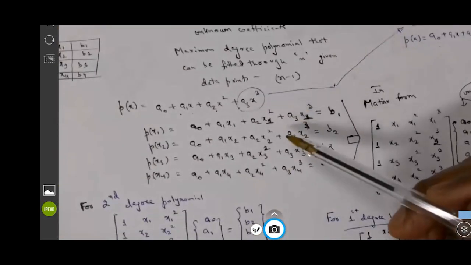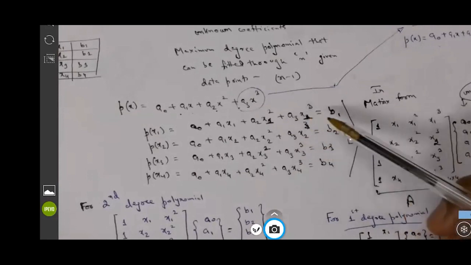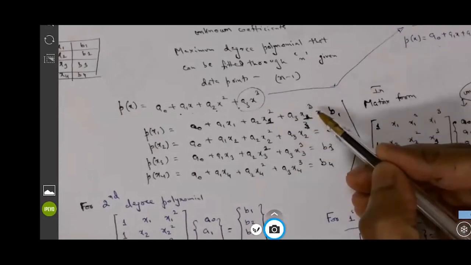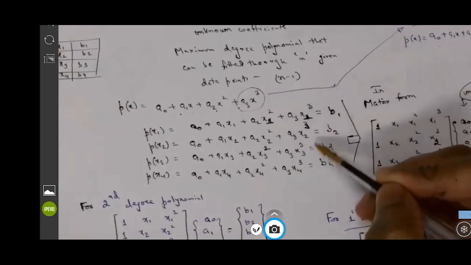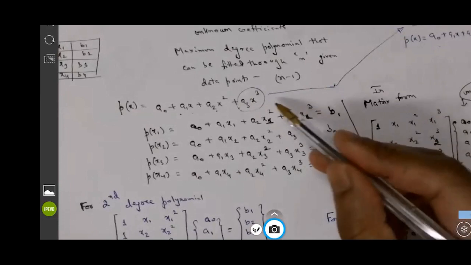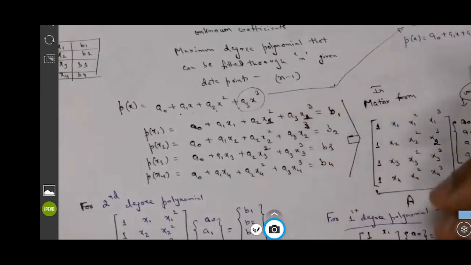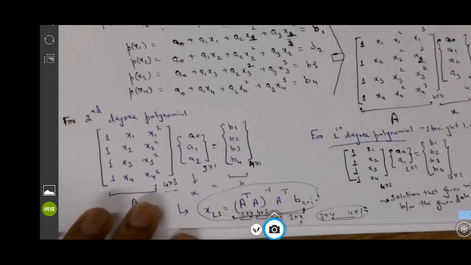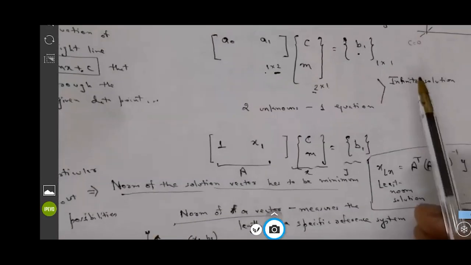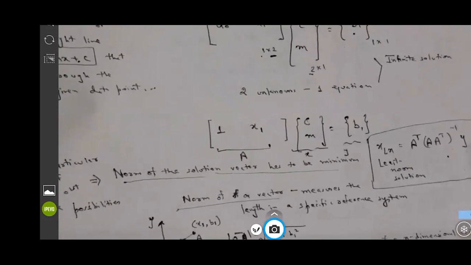There will be another term in the fourth degree equation, a4x1^4 plus a4x2^4, and so on, with another coefficient. So in that case, it will be the same scenario, but instead of this form, you are going to use the form that we used for the least norm, this form.